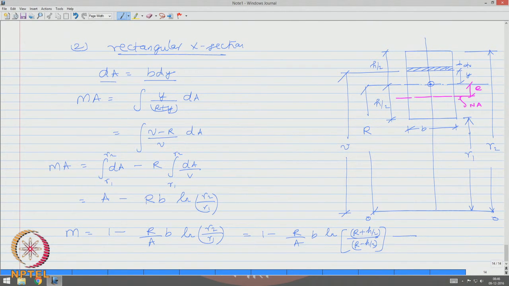This is equation number 11. So, once I know m, I can always find E using the relation which I already derived.